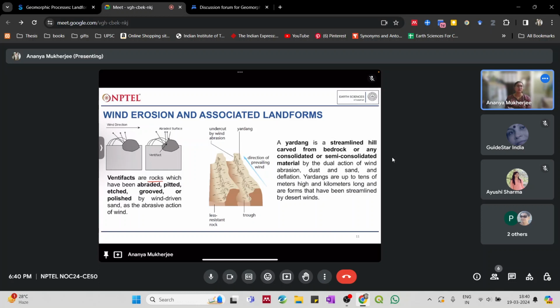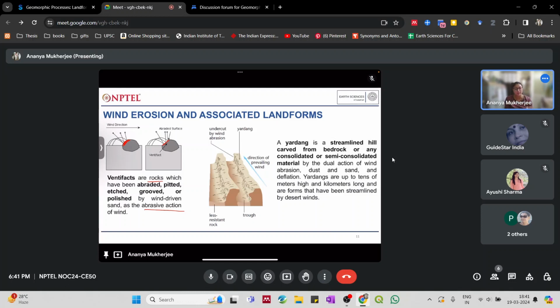Sometimes these get highly polished if continuously bombarded by finer sediments. Okay, so the abrasive action is very high during the formation of a ventifact. You can see that this entire area gets eroded and abraded off, and now you have a plain polished surface.